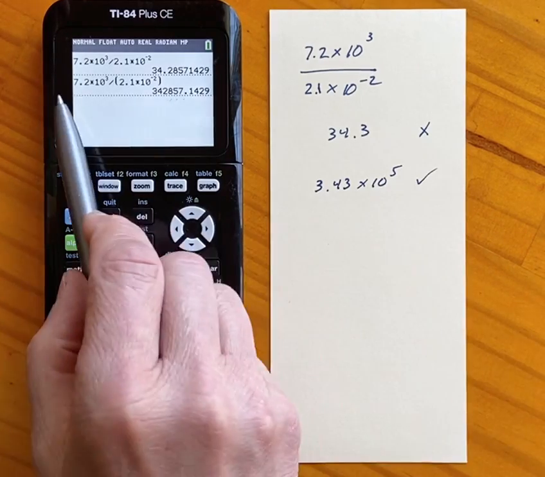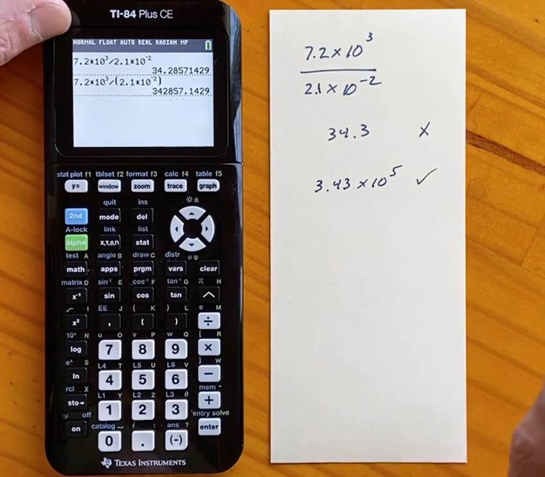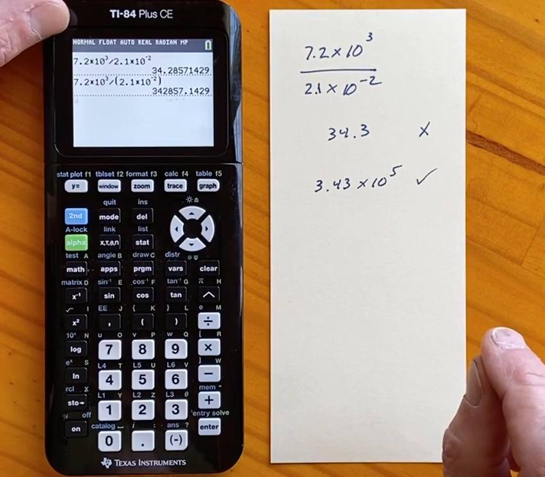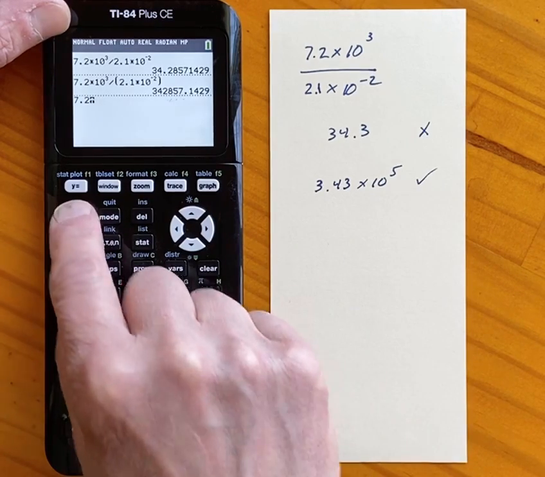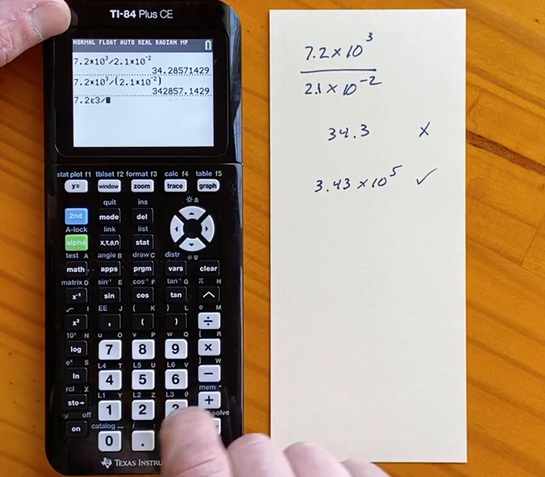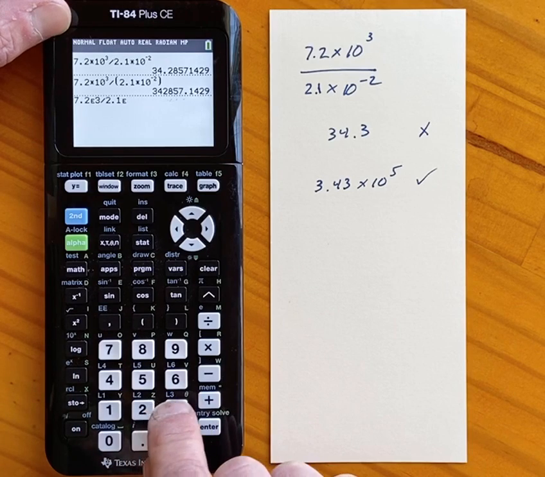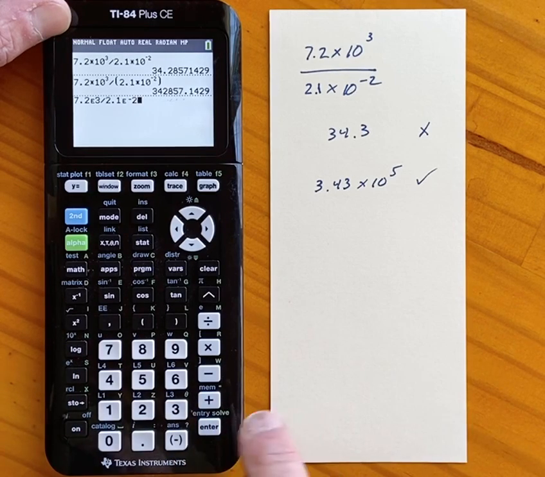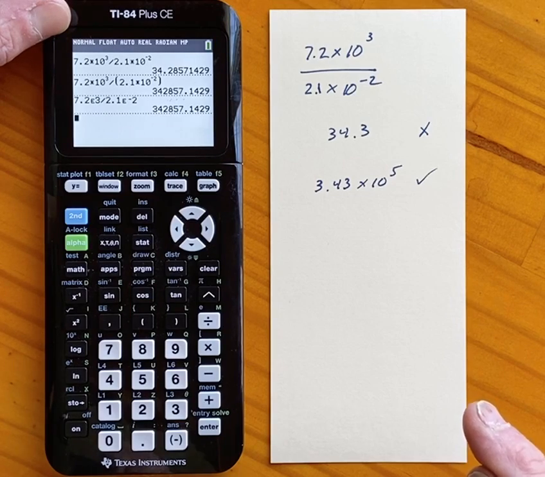Last thing I want to point out is that calculating it out like that took a lot of keying. If you use that scientific notation key, it's going to go much faster. Watch this. 7.2 times 10 to the 3rd divided by 2.1 times 10 to the -2, and we get our answer, the same one we got before.